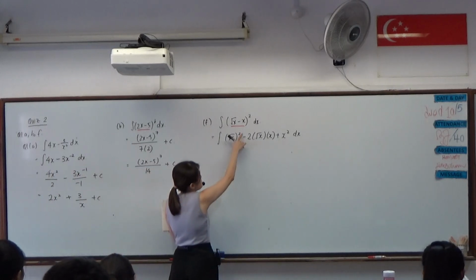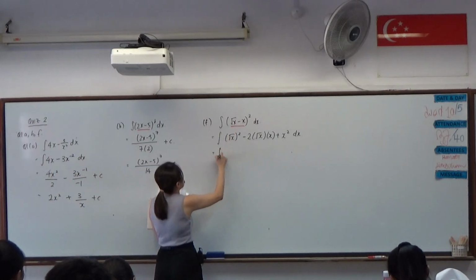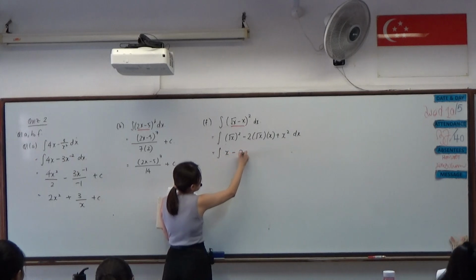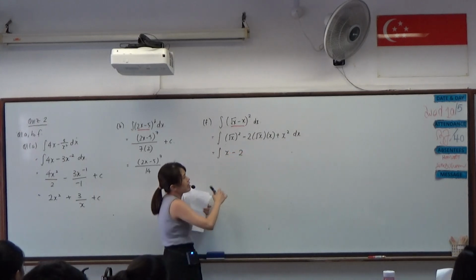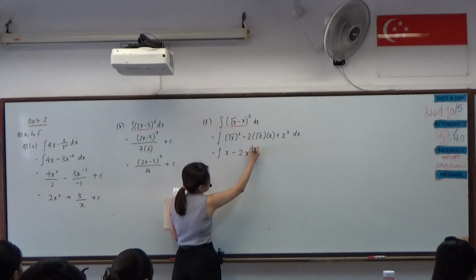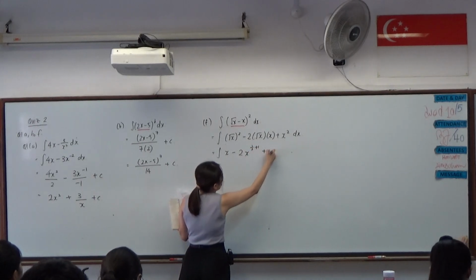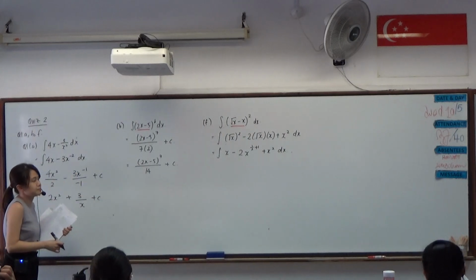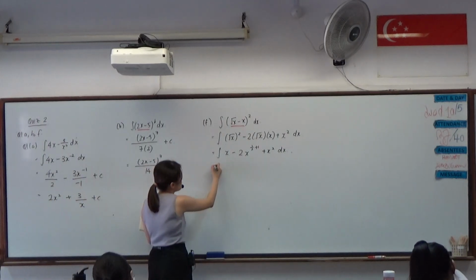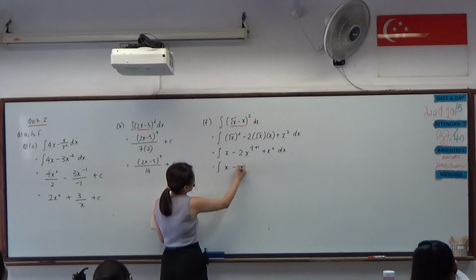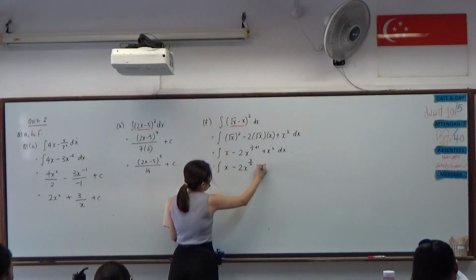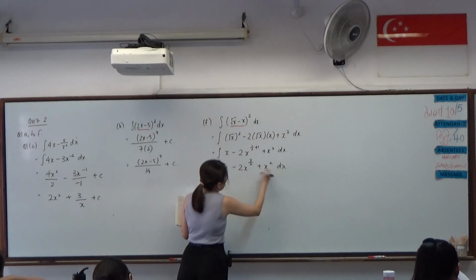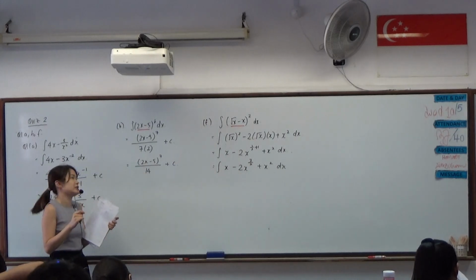It's a minus here because it's a minus, which simplifies to x minus 2. Square root x times x would mean x to the power of half plus 1. I do notice that some of us are still a bit weak in our indices. So half plus 1 will give us 3 over 2. For indices, we always leave it in improper fraction.